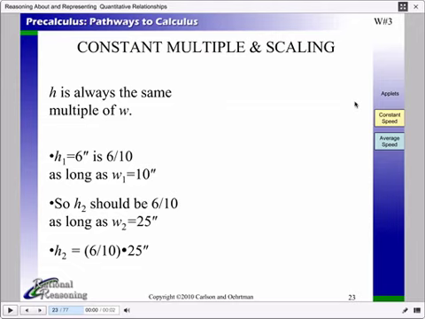What is the constant multiple? 6/10. If you had a 100-inch wide photo, how would you get the corresponding height? Multiply it by 6/10. A 3-inch wide photo? It's always 6/10. Constant multiple takes you from one quantity to the corresponding value of the other quantity.